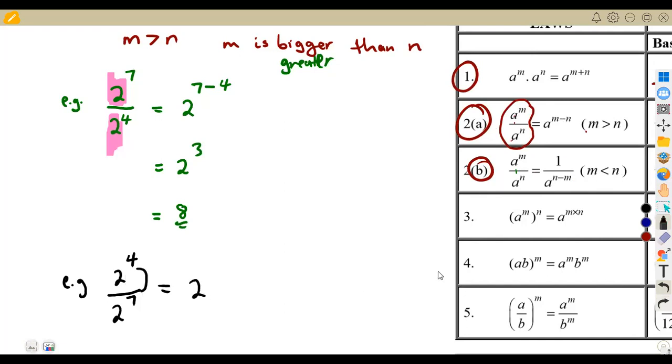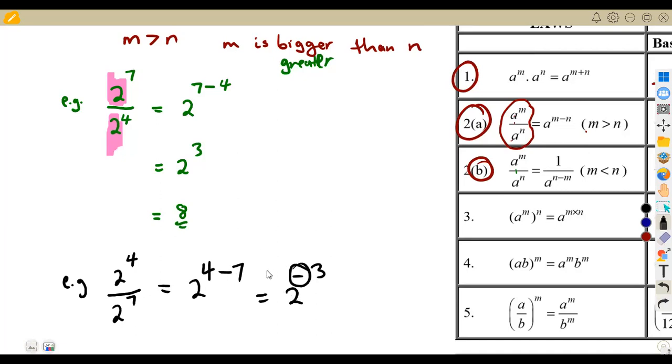You subtract your exponents because you are dividing. So that was going to be 4 minus 7, which is going to give us 2 to the exponent of 4 minus 7. As you can see, we are now subtracting a bigger number from a smaller number. So it gives us a negative. Yes, you can simplify 2 to the exponent of negative. So we want to avoid this.